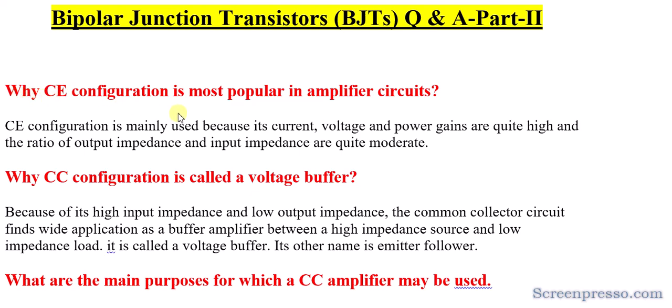So why is CE configuration most popular in amplifier circuits? Because we will be continuously using transistors in CE configuration mode itself. Why are we using only CE? Why not CC or CB configuration? The CE configuration is mainly used because its current, voltage, and power gains are extremely high, and the ratio of output impedance to input impedance is quite moderate, which is required.